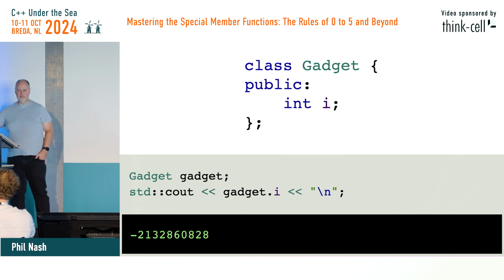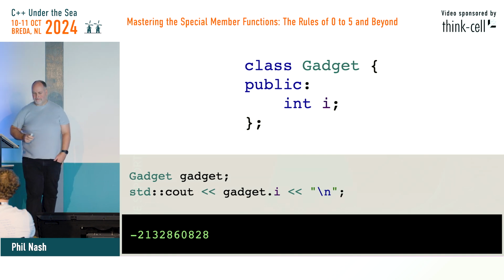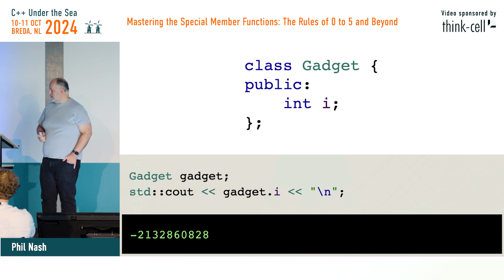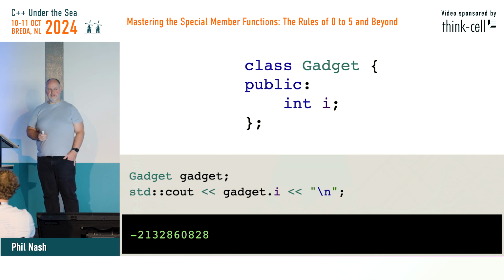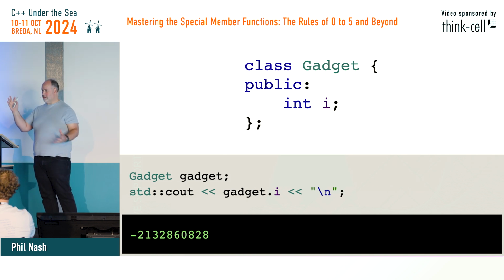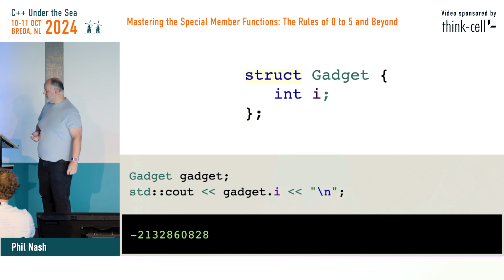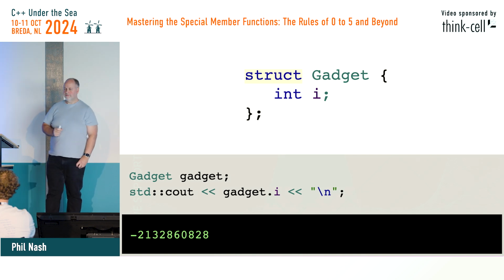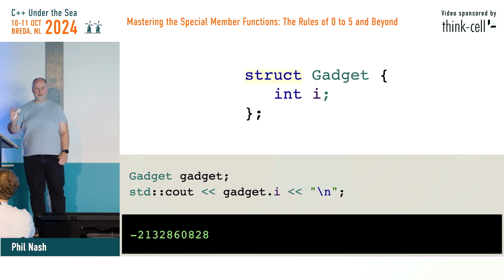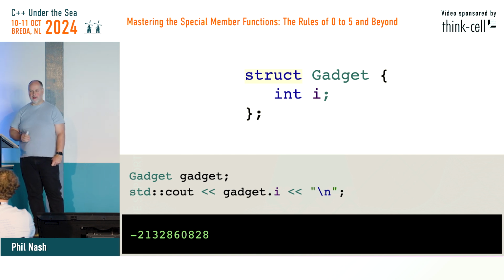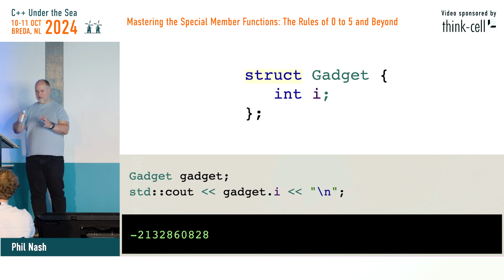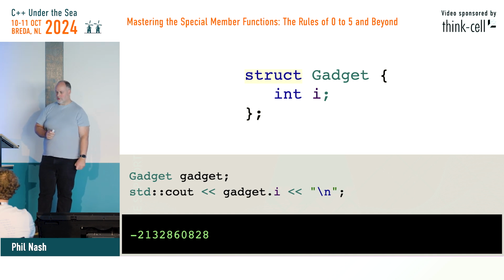Before we do that, though, one little bit of practicality. I'm going to be showing lots of code, so to try to keep it condensed rather than having things like class and public, I'm just going to go with struct. But it's just simply for slideware, so try not to be too distracted by that. I'm going to leave lots of other things out as well, just so we can focus on what's essential.